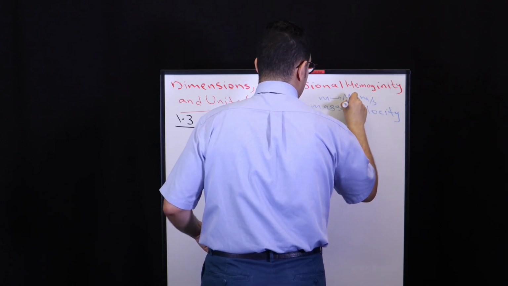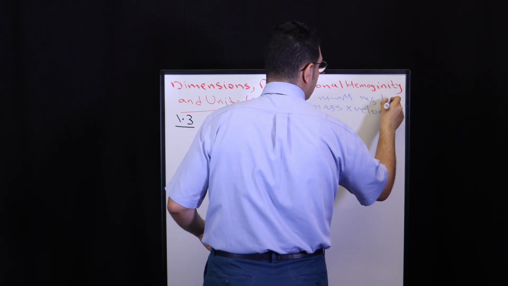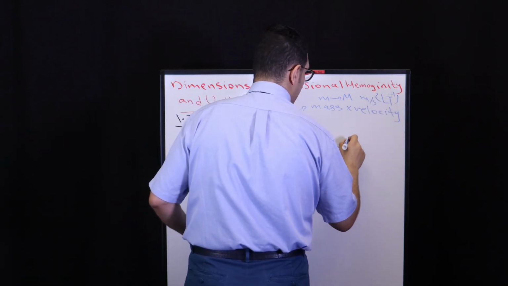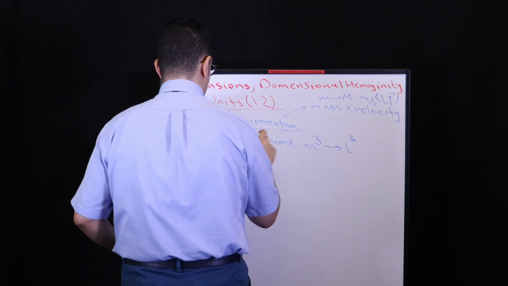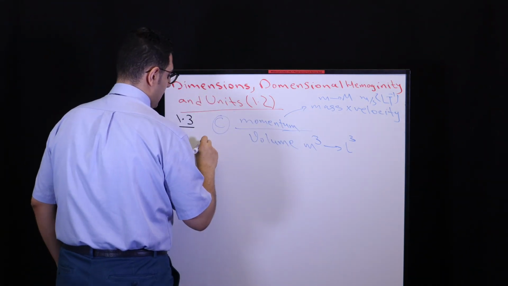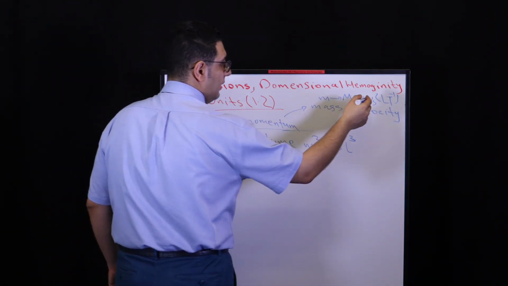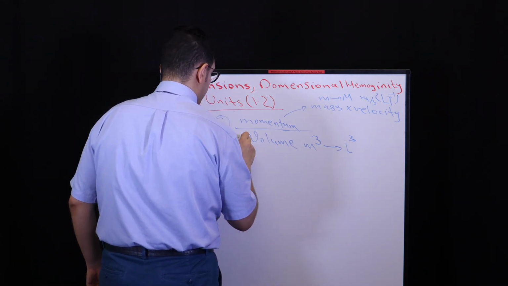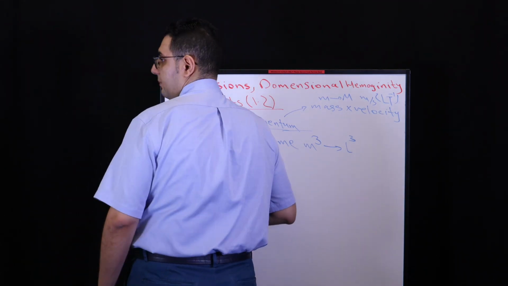That is big M, LT to the power minus 1, divided by L to the power 3. So, multiplying them, we're going to have ML to the power minus 2, T to the power minus 1.